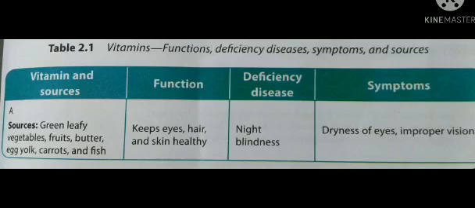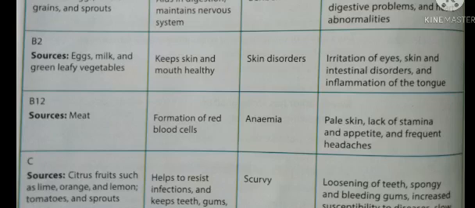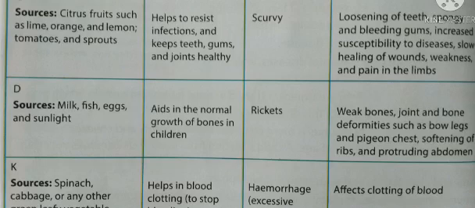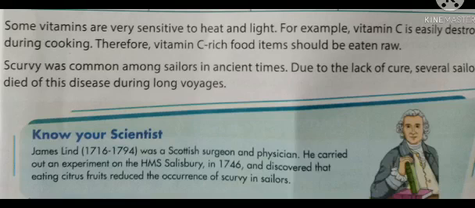Table 2.1 lists the functions, deficiency diseases, symptoms, and sources of vitamins A, B1, B2, B12, C, D, and K. Some vitamins are very sensitive to heat and light. For example, vitamin C is easily destroyed during cooking, so it is preferable that its sources should be eaten raw.